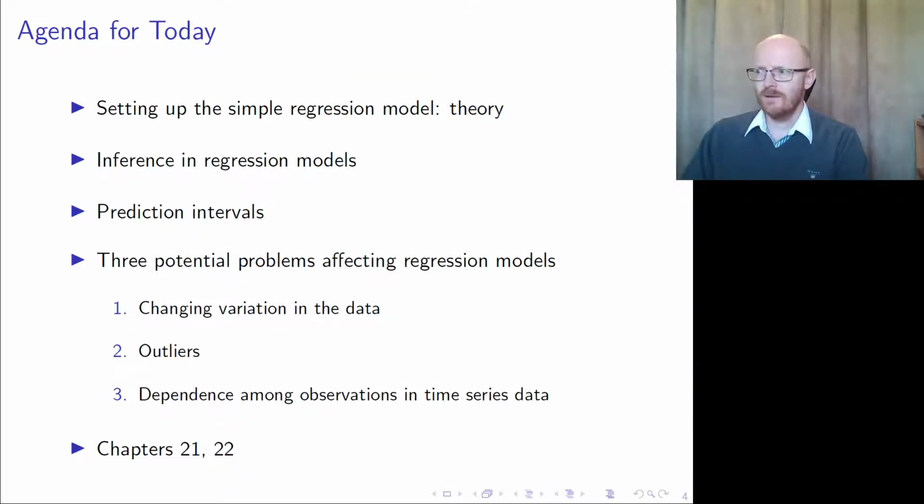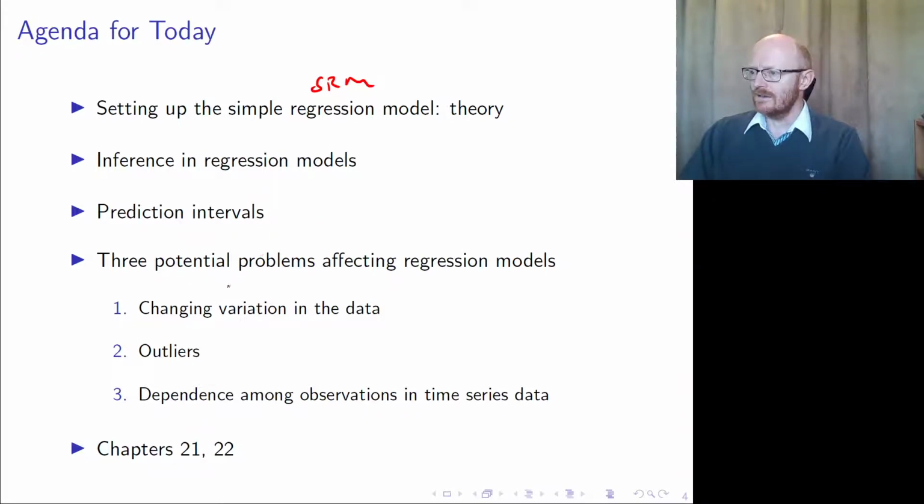The agenda today is just to set up the simple regression model, the SRM. We're going to look into theory, and we're going to talk about the inference of the parameters, the beta naught, or the b naught and b1, the intercept and the slope, and we're going to create some prediction intervals just to see the uncertainty in our estimate.